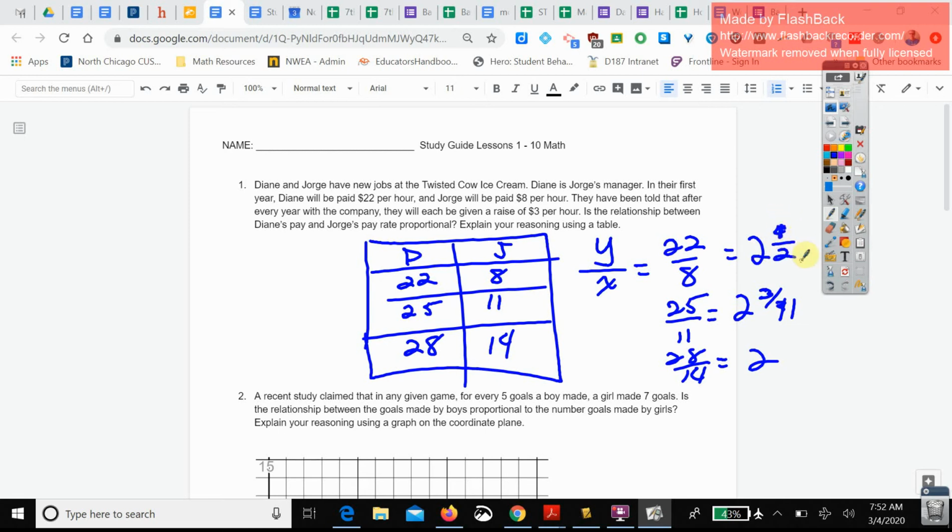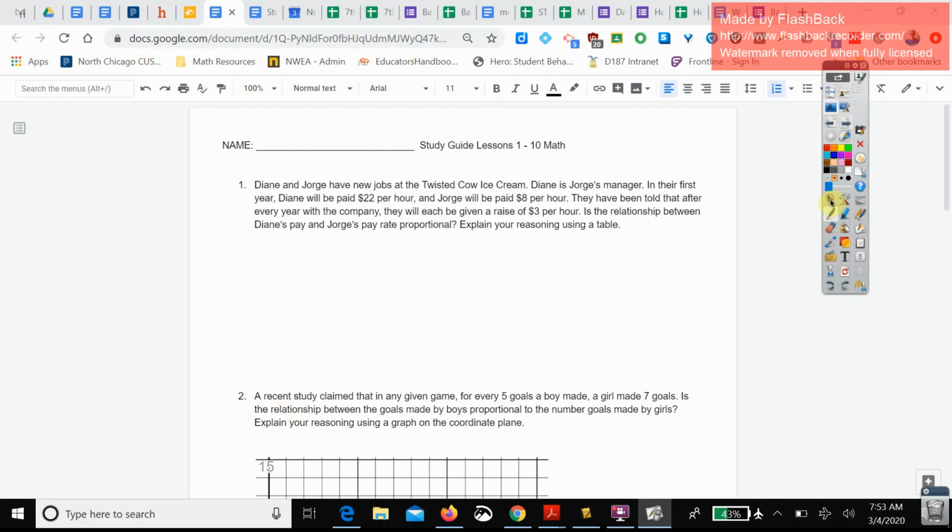So it is not proportional, because no constant of proportionality, etc.